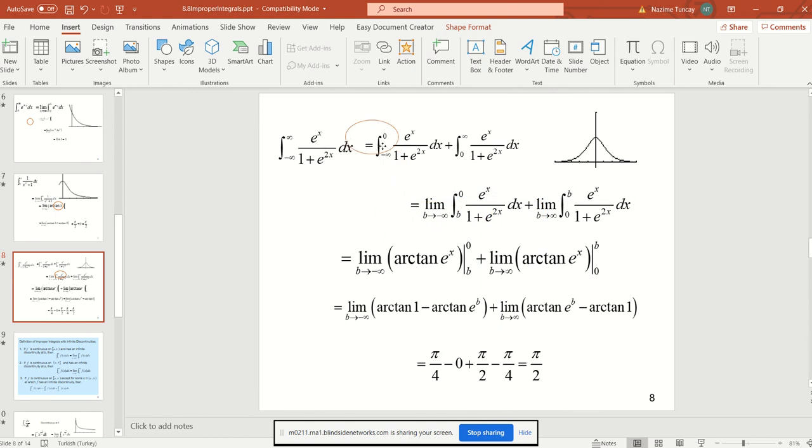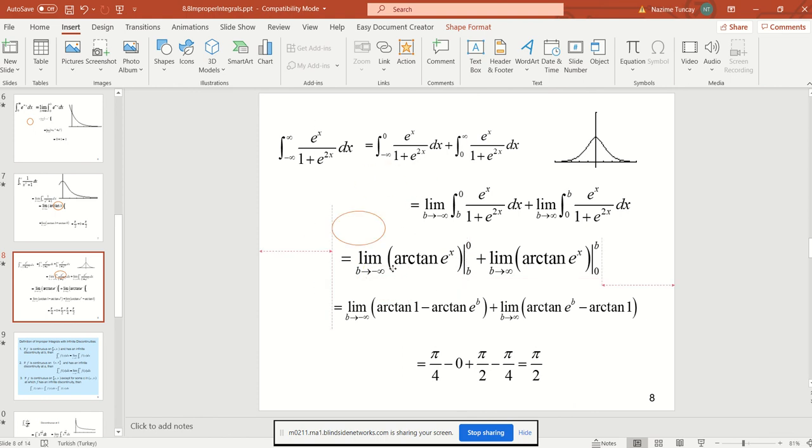As you can see, instead of minus infinity we put a b, and we solve it. And in this part, instead of positive infinity we put a b, and we solve it.